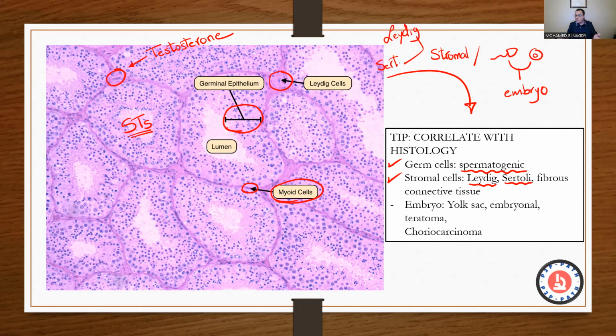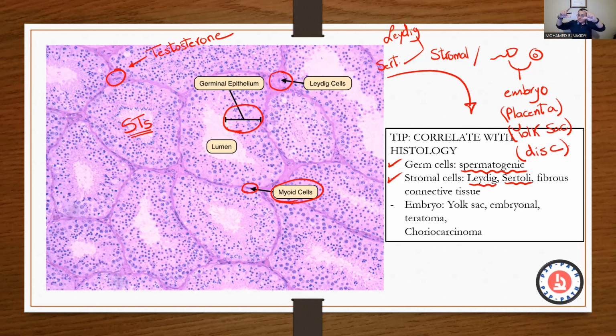This will help you remember nearly most of the tumors. This embryo, to survive, needs a placenta. And one of the key structural components of the embryo that I need you to remember is the yolk sac and the embryonic disc.